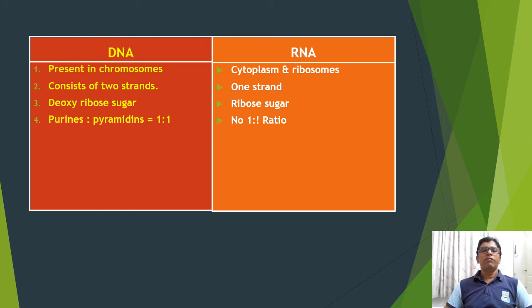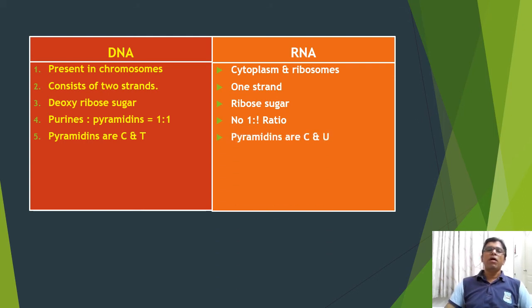Okay. And the fifth point is that in the DNA molecule, the pyrimidines are cytosine and thymine, whereas in RNA, the pyrimidines are cytosine and uracil. In place of thymine, in RNA, uracil is present.